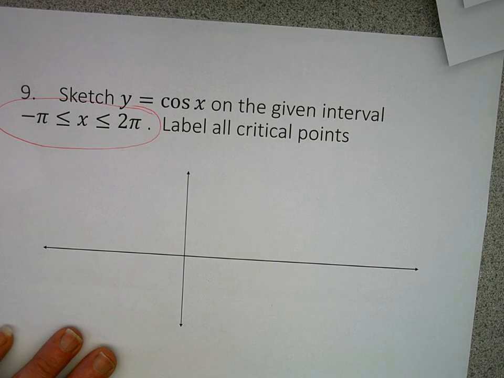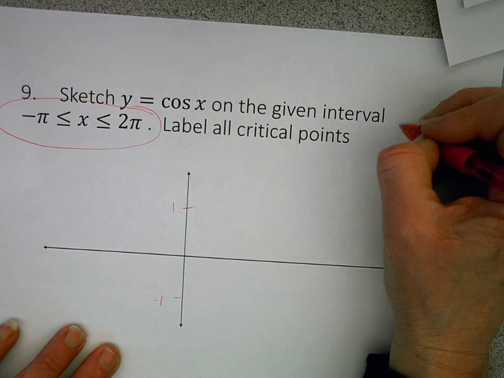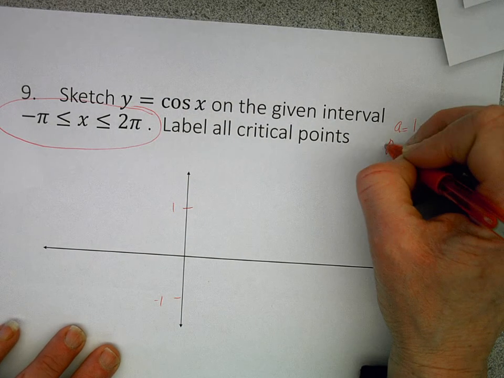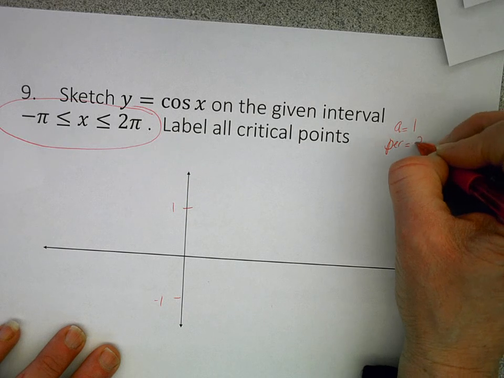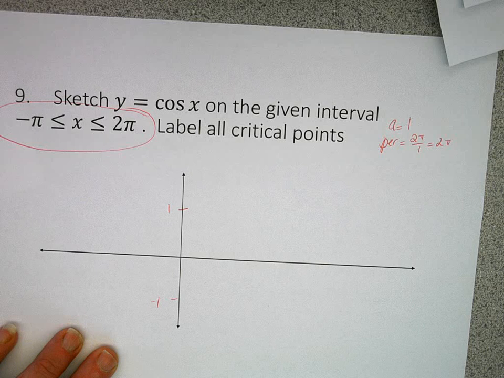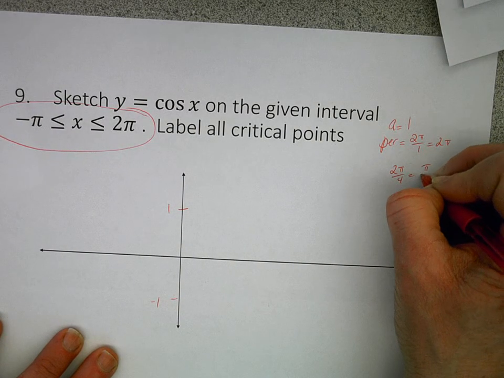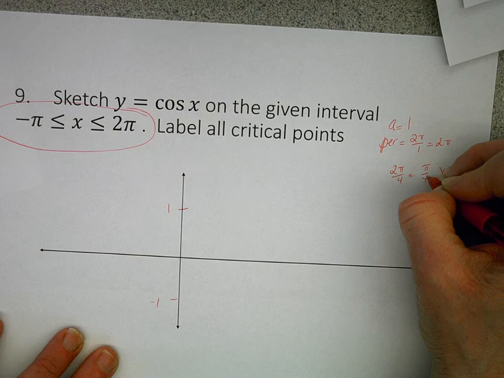Okay, so amplitude is 1. Period. Well, b is 1, so 2 pi divided by 1, it's just 2 pi. It's just a normal graph. Divide that into 4. Pi over 2 is our distance. Pi over 2 is our distance. I put a 4.